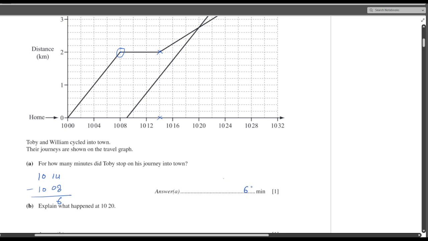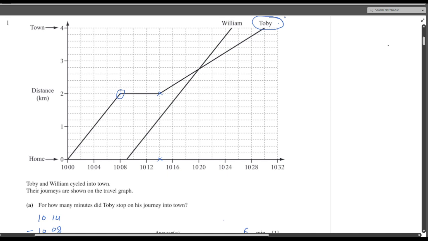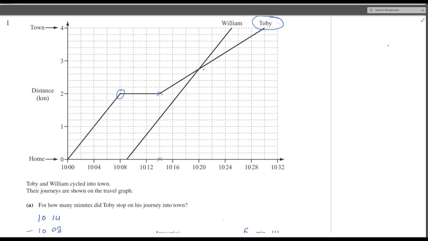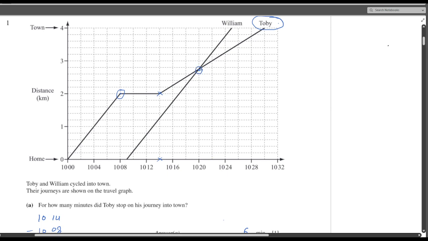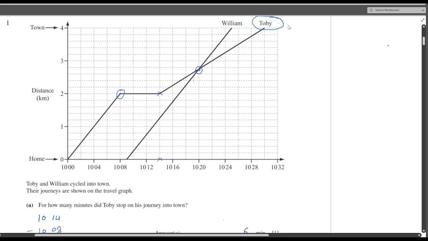Now, explain what happened at 10:20. Okay, so let us see 10:20. Now this is 10:20. What happened at 10:20? At 10:20 I can see that William and Toby are meeting with each other. So I can say that at 10:20 William and Toby covered the same distance.